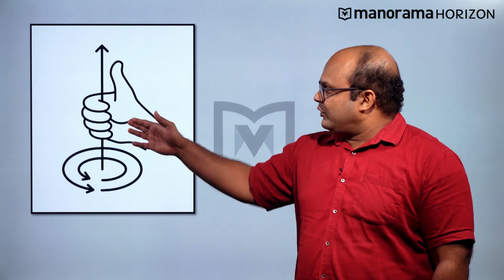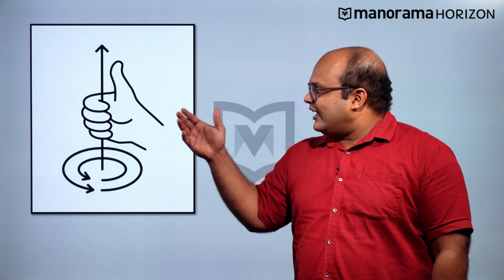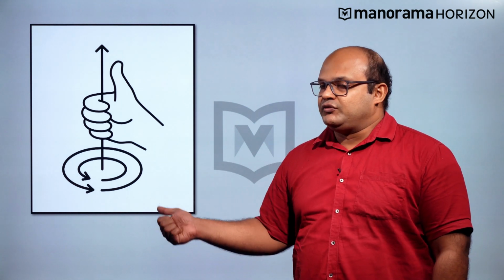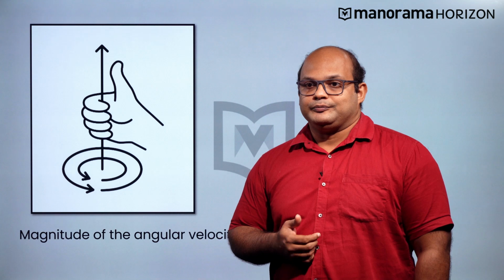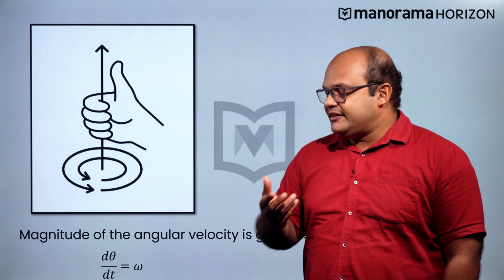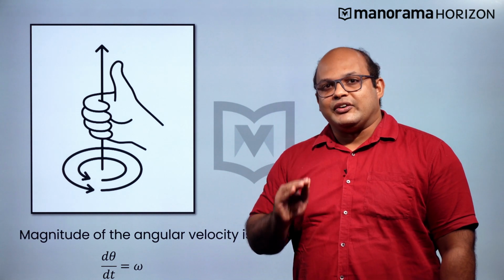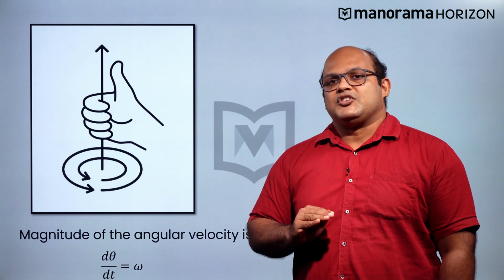So in this case, you will notice that the fingers are curling in the anti-clockwise direction, and as a result, we consider the axis of this rotation to be positive. So the magnitude of angular velocity is given as d theta by dt equal to omega. So it is the instantaneous rate of change of angle with respect to time.